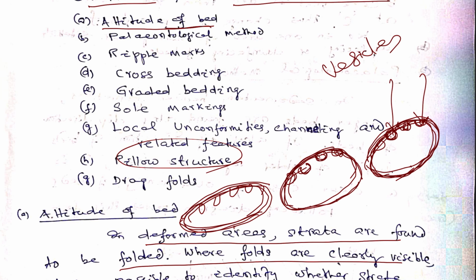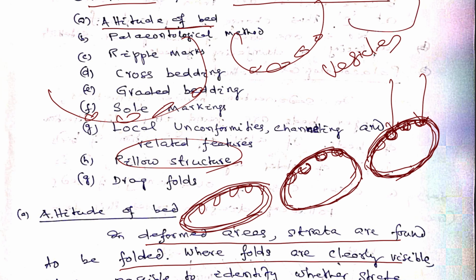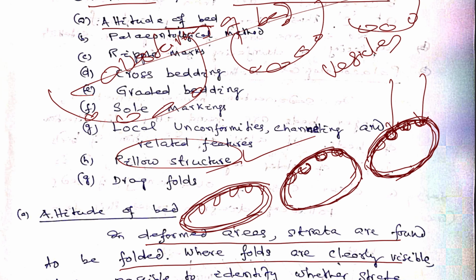So if in any rock horizon we see that the cavities are pointing to the bottom, that rock body can never be expected in right side up condition. It is a case of overturning of beds. So in this manner, the pillow lava are also useful in determination of top and bottom of beds.